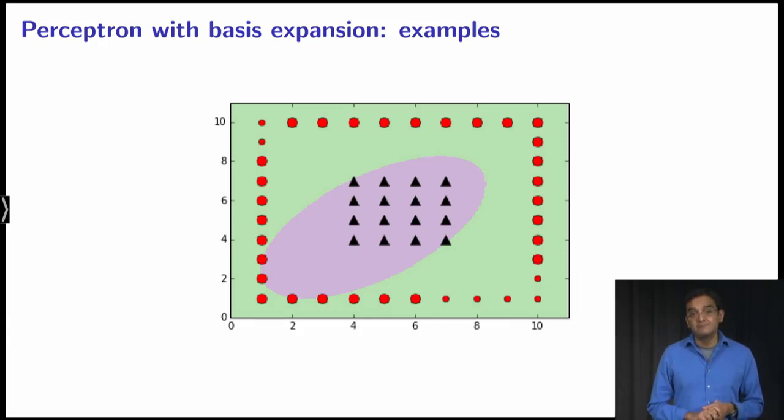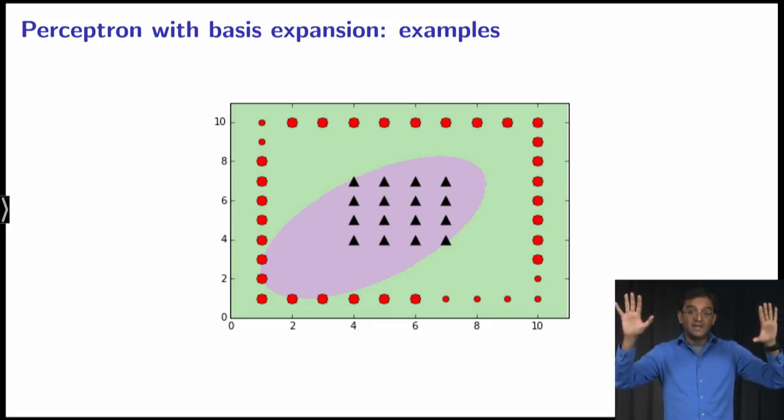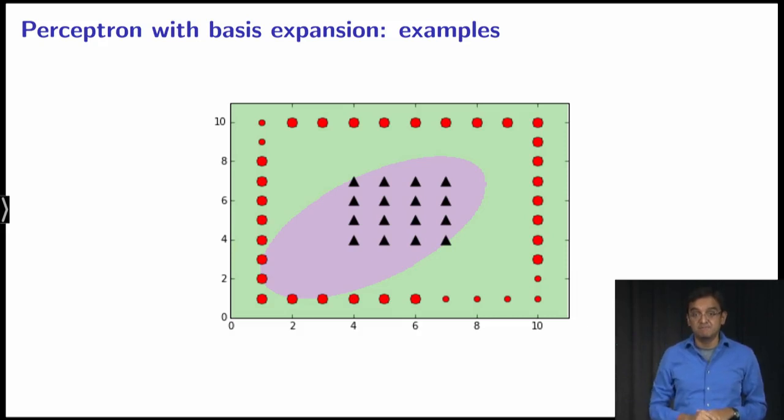And once again, this is just what it looks like in 2-dimensional space, but in a sense, the perceptron algorithm is actually operating in the embedded 5-dimensional space. In that space, the black triangles would be on one side, the red circles would be on the other side, and this thing that looks like an ellipse would actually be a linear hyperplane separating the two groups.